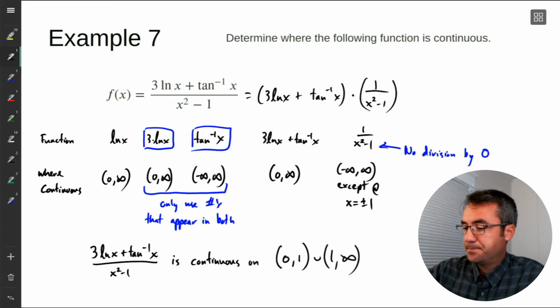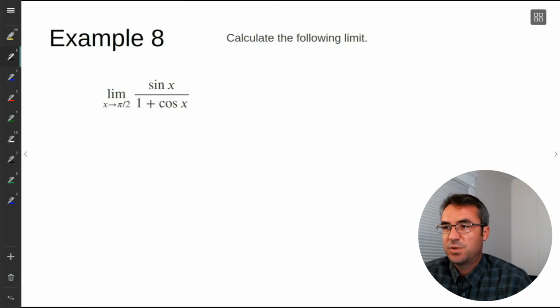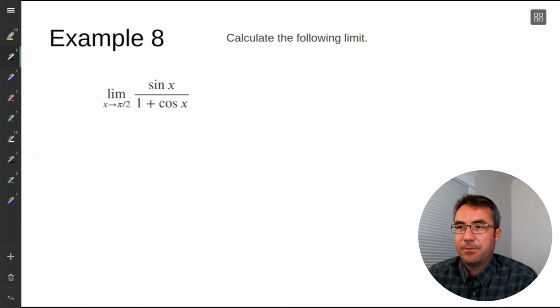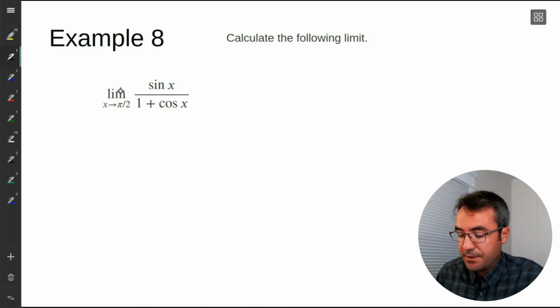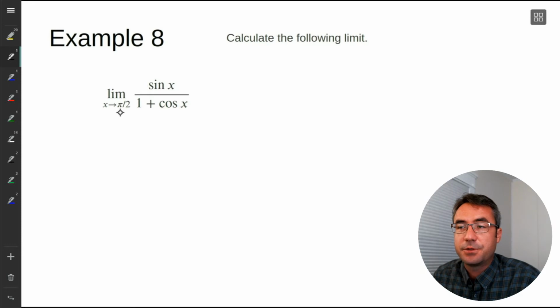All right. Let's try another one. And we're going to use that continuity to help us calculate this limit. Let's go through the same type of analysis here. The function is sine x divided by 1 plus cosine x, and we're interested in the limit as x approaches pi over 2.